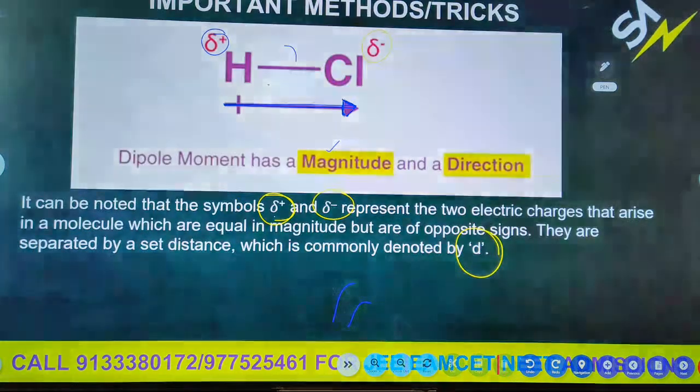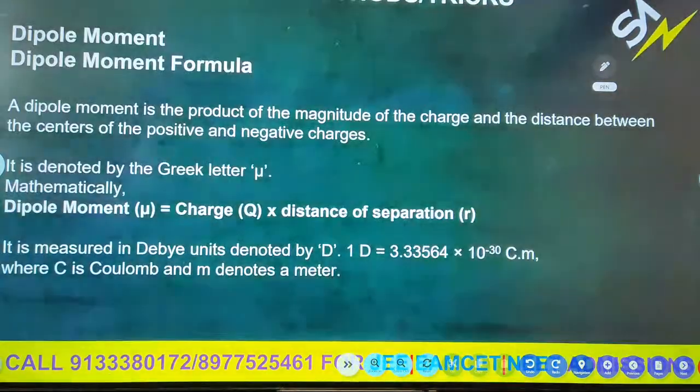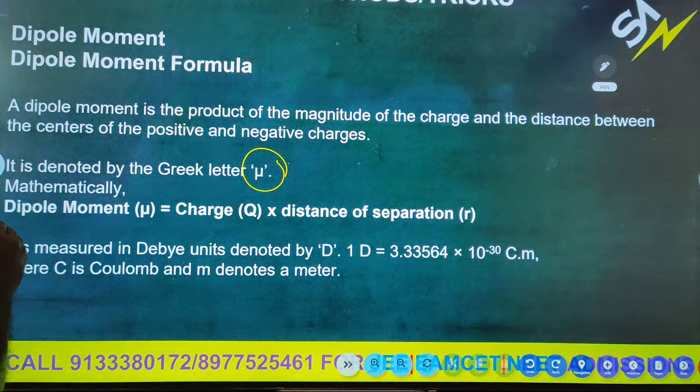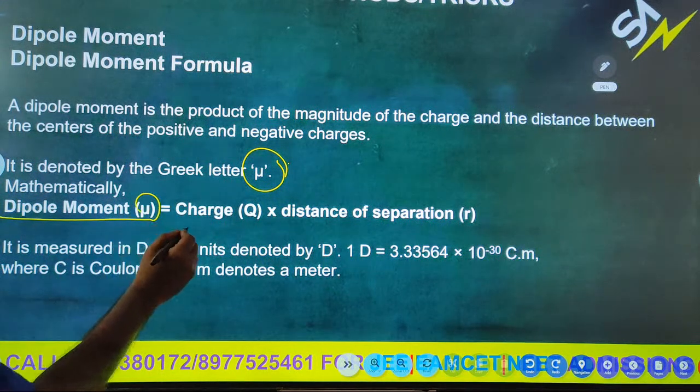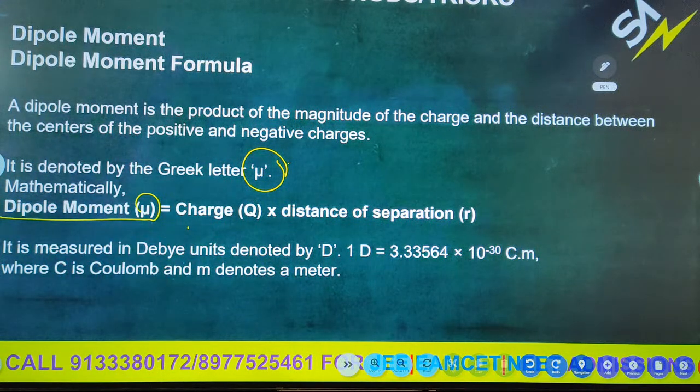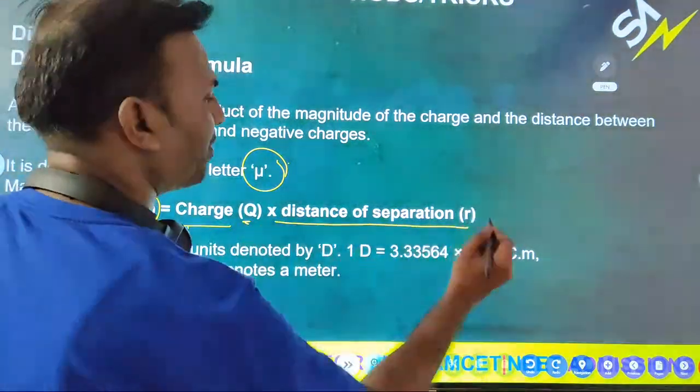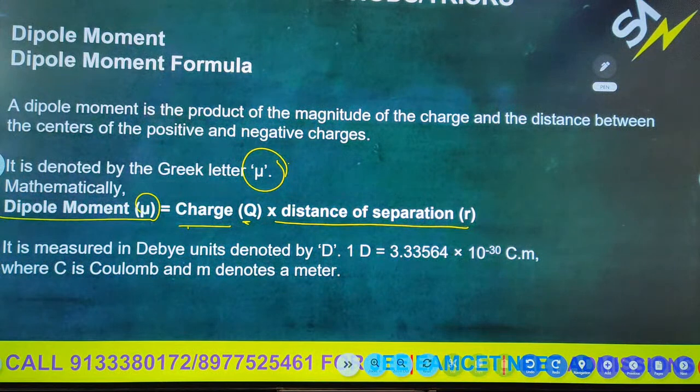It is denoted by the Greek letter mu. So the dipole moment mu is equal to the charge q times the distance of separation, that is r.